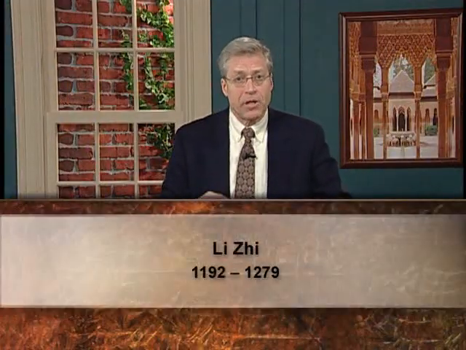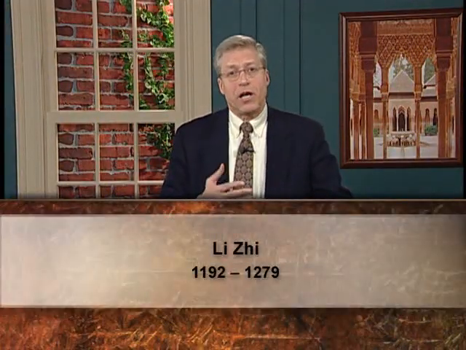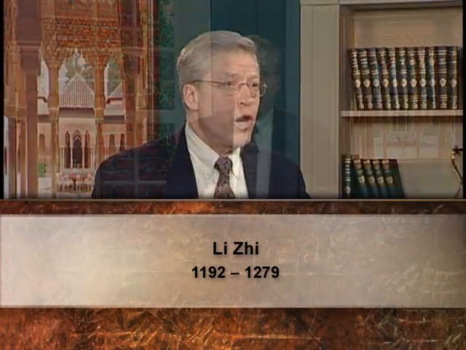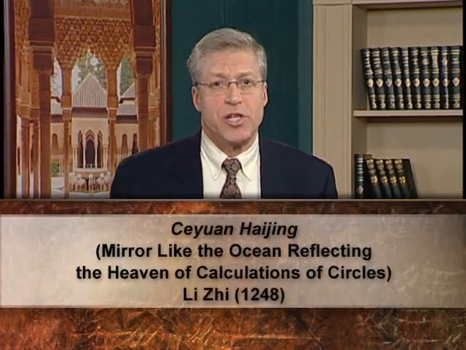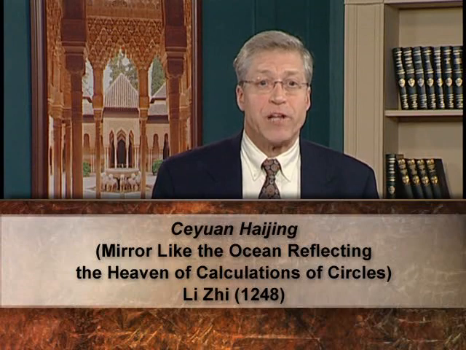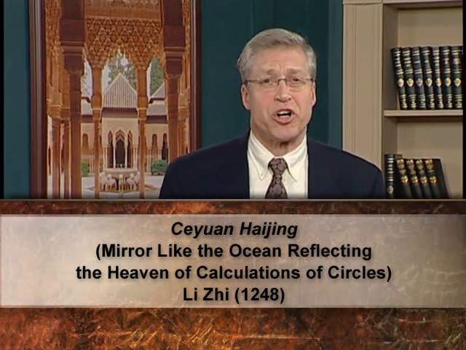And you can use Pascal's triangle, you can use these binomial expansions in order to get these roots to whatever accuracy you actually need. Now, this would be then developed by Li Qi. Li Qi, who lived 1192 to 1279, wrote a work that is known as the Zeyuan Haijing, which means mirror like the ocean, reflecting the heaven of calculations of circles.